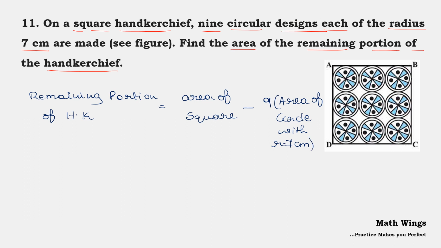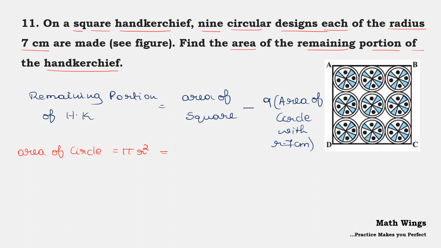First, find the area of the circle with radius 7 cm. What's the area of a circle formula? Area of the circle is equal to pi r square. Observe that in the given problem they have not asked us to take pi as 3.14.